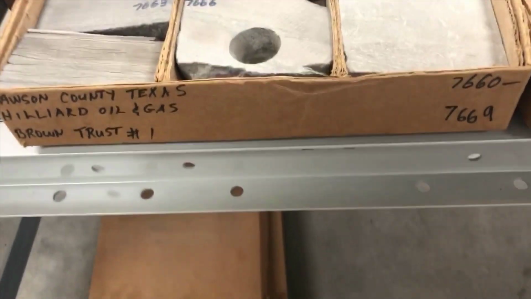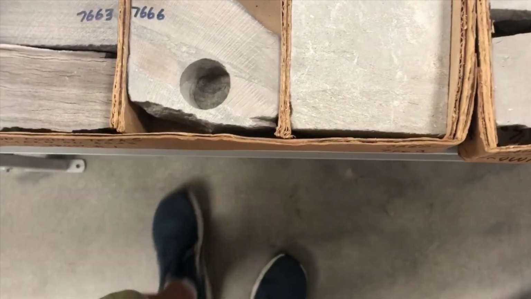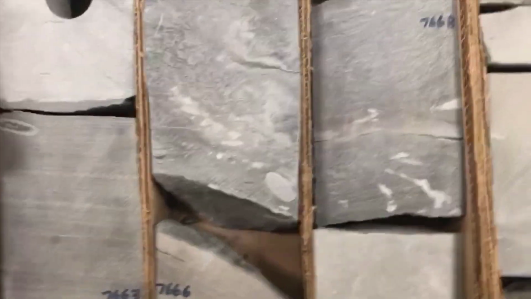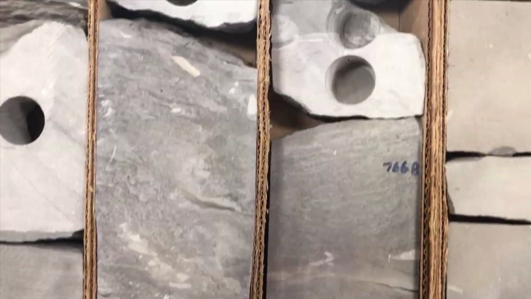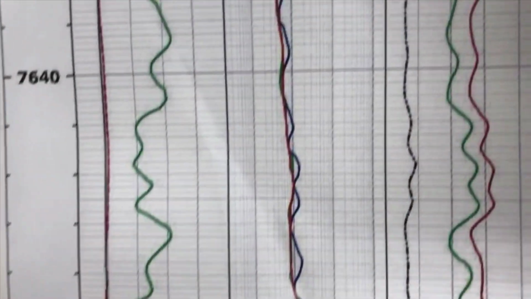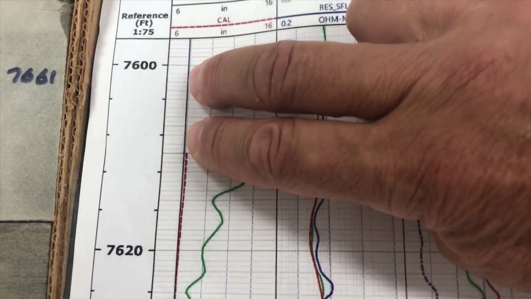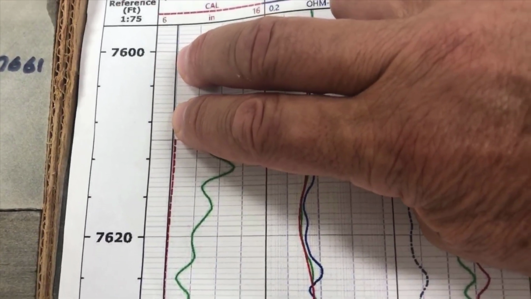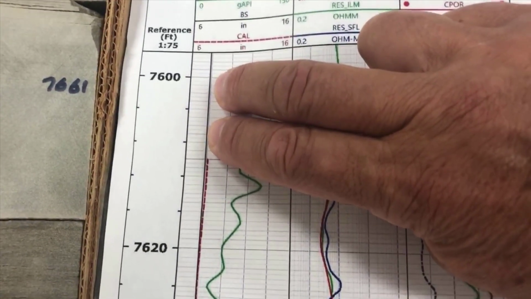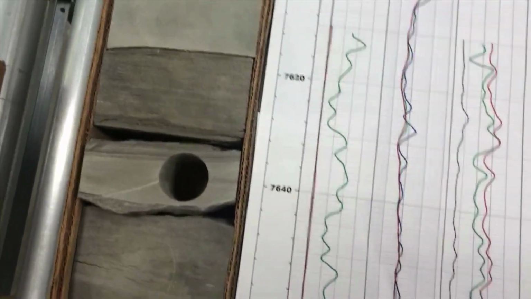So we have 9 feet of core, and 9 feet will have 18 samples for the well logs, which will be about what I'm showing here with my fingers. Two of these tick marks are 8 feet, and 9 feet is slightly longer than that, but that can give you an idea of the variability that we can see in the logs.